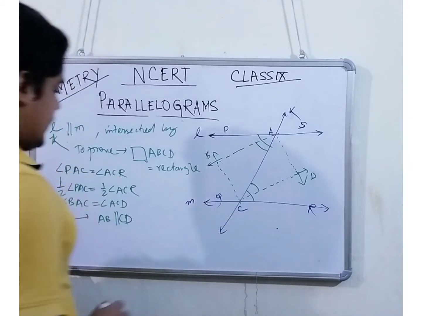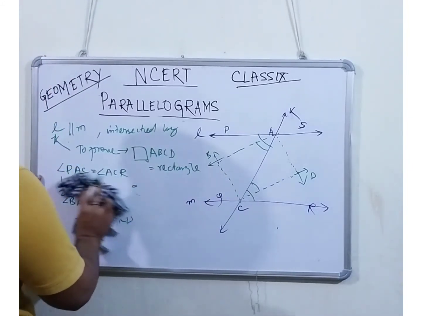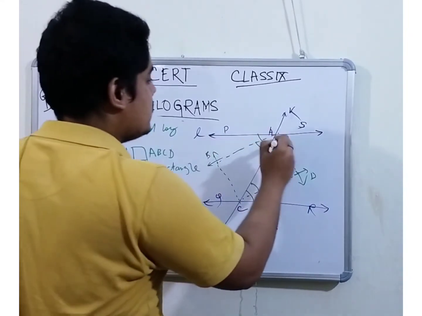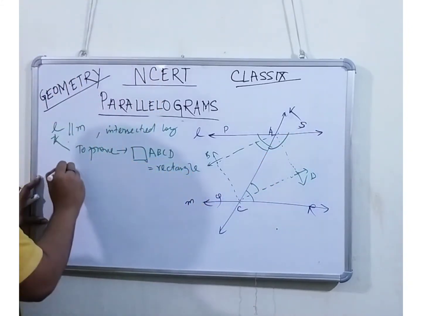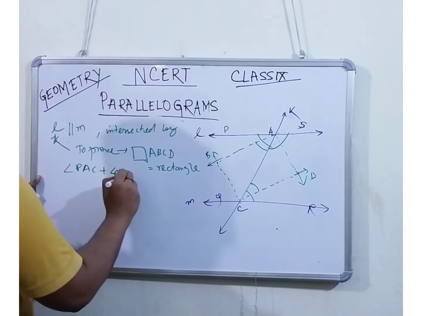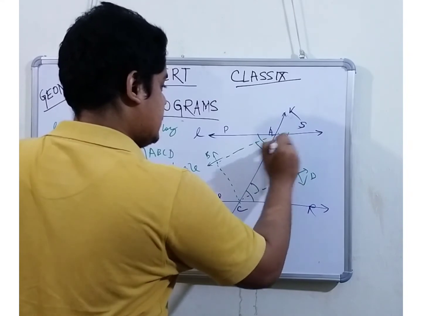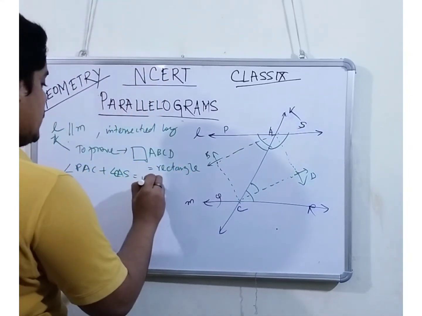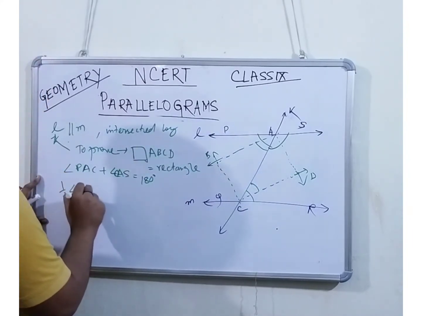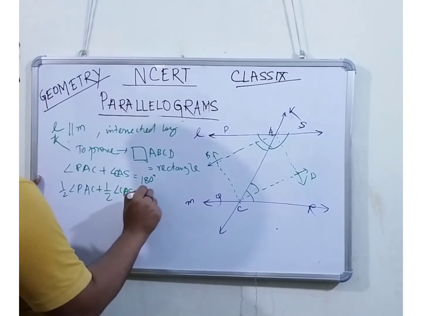Now what can we say from that? If you look into the figure, PAC plus CAS, these two angles are equal to 180 degrees, no doubt. If we halve it, half of PAC plus half of CAS will be 90 degrees.